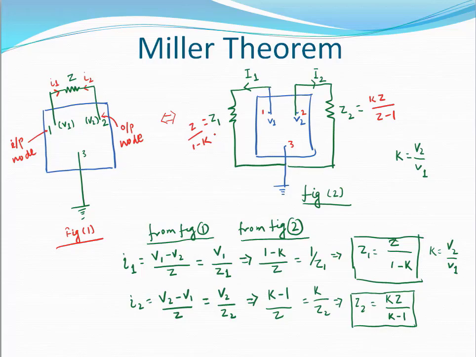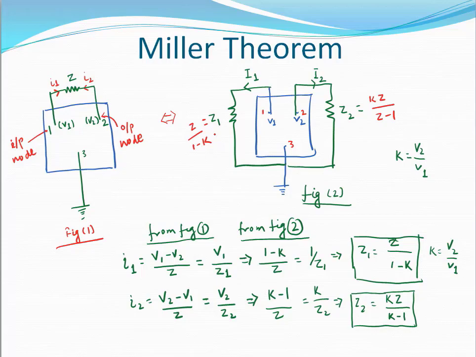So if a question comes where there is a resistance in between the input side and output side, then directly we will use the Miller theorem, and with the help of Miller theorem we can directly use the value of Z1 and Z2. We will break that feedback element into input side and output side.